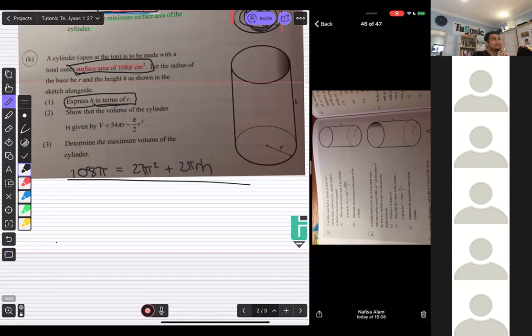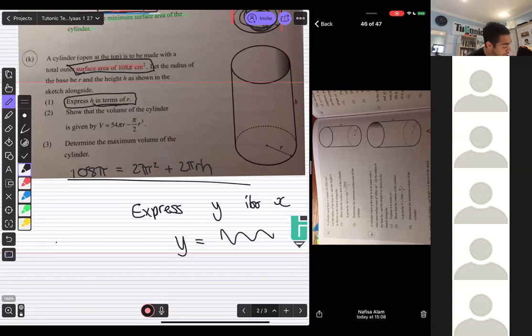There's 4 of you. Who says h? Who says r? The h. Ima says h. Nafisa says h. Shaida, h. Okay, yeah, it is h. So if I say express y in terms of x, then it's going to be y equals something with x.